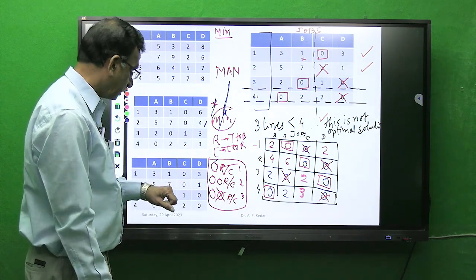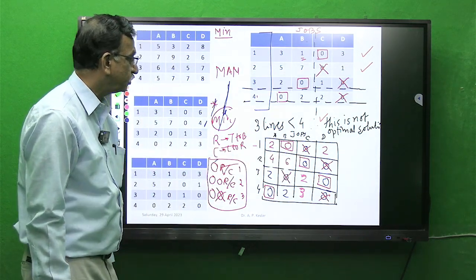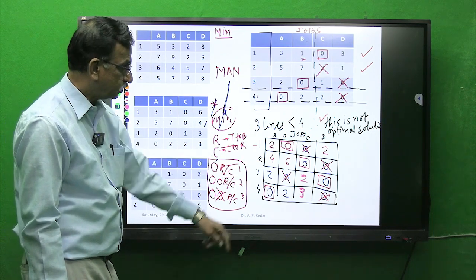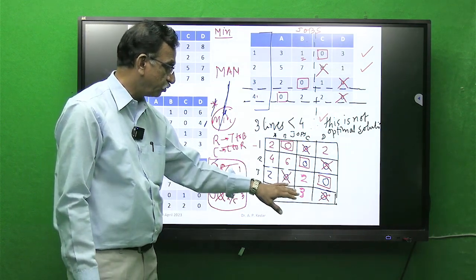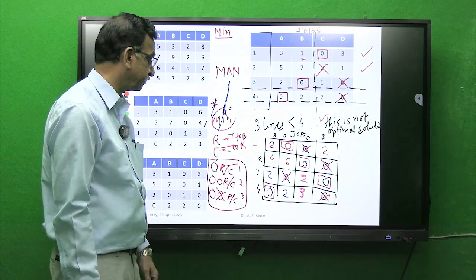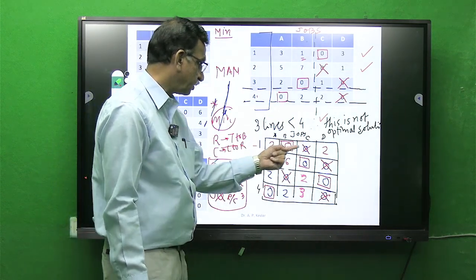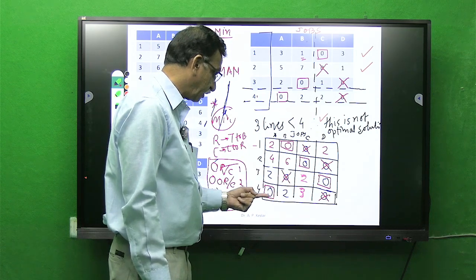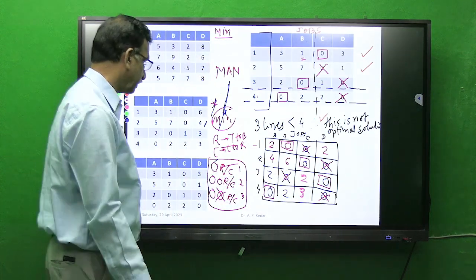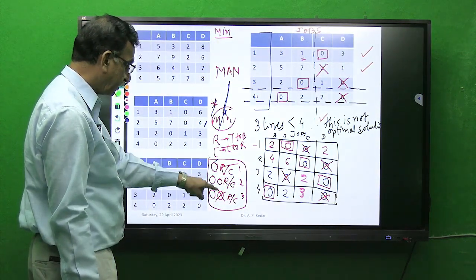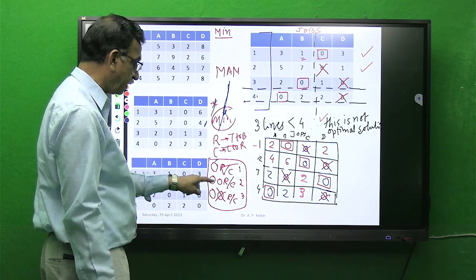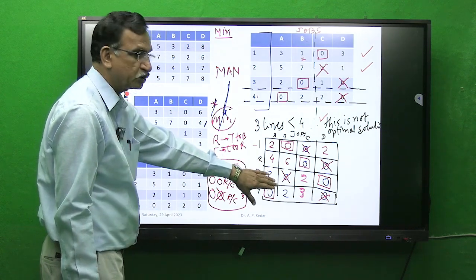Now check, is there any zero which is left to be assigned? First row is having an assignment, second row is having an assignment, third row is having 1 assignment, fourth row is having 1 assignment. So after carrying out assignment in this logical way, we could get this final assignment.